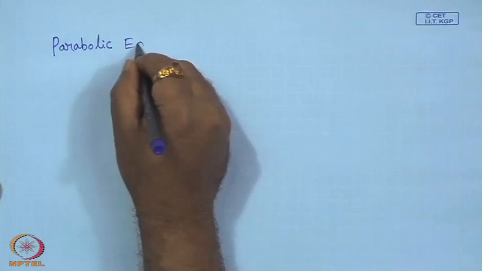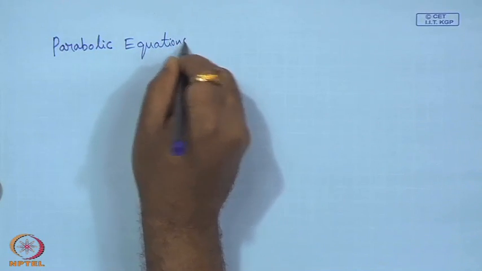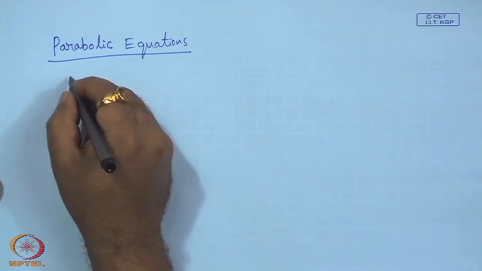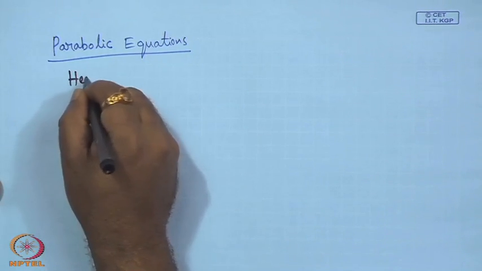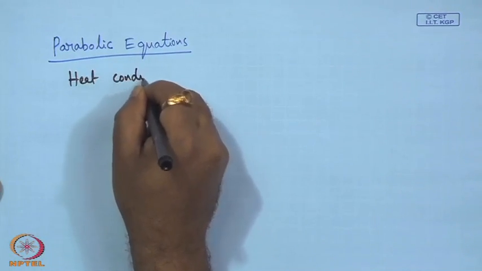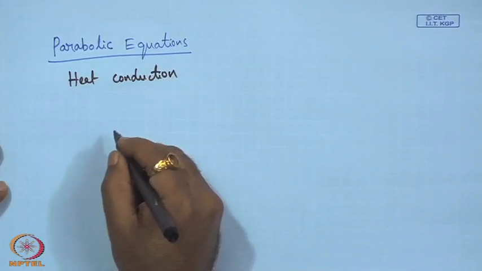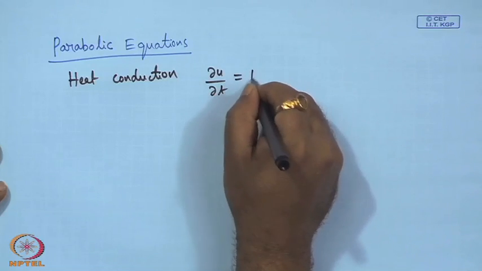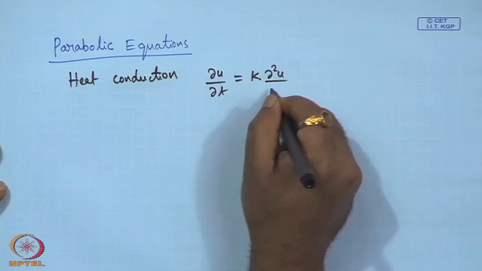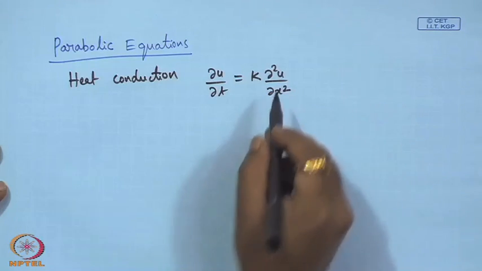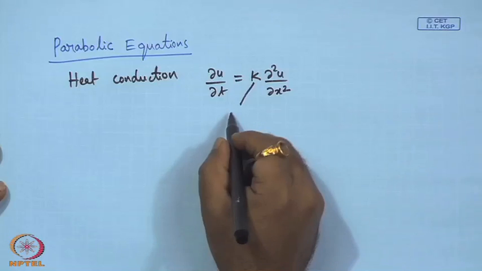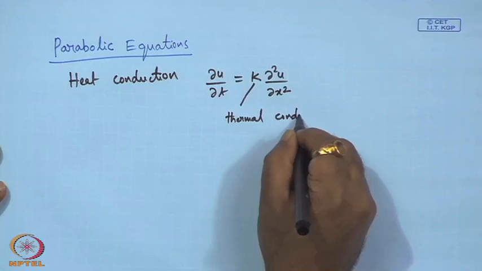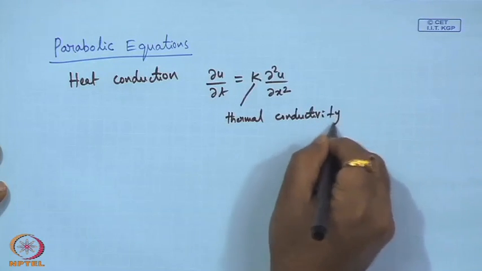So, let us consider parabolic equations. The first one I am going to consider is heat conduction, given by the equation where k is the thermal conductivity.